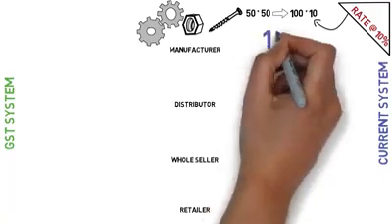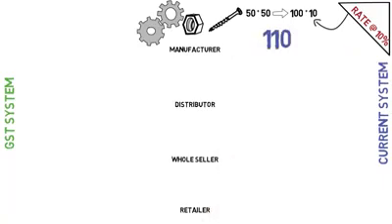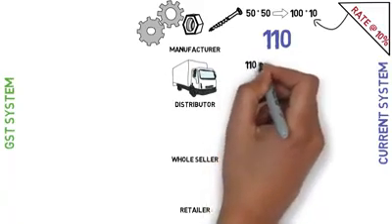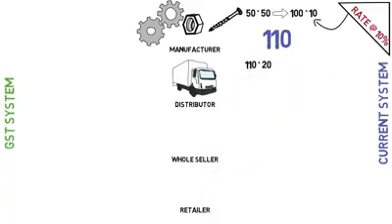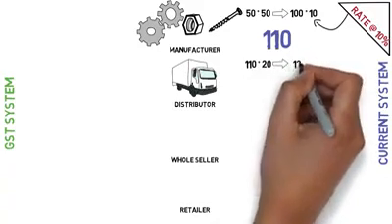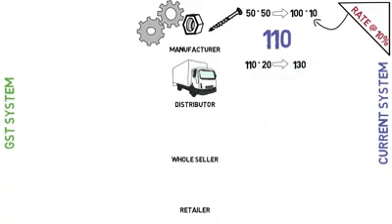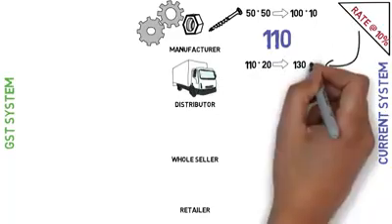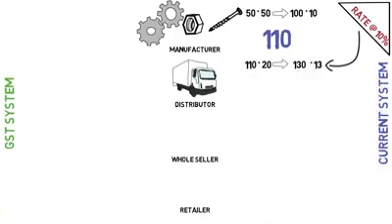So the cost of the product for the distributor is 110 rupees. The distributor adds value of rupees 20, which is nothing but his profit. So the price will become 130. The distributor also sells it by adding 10% tax of rupees 13. So the product is 143 rupees now.